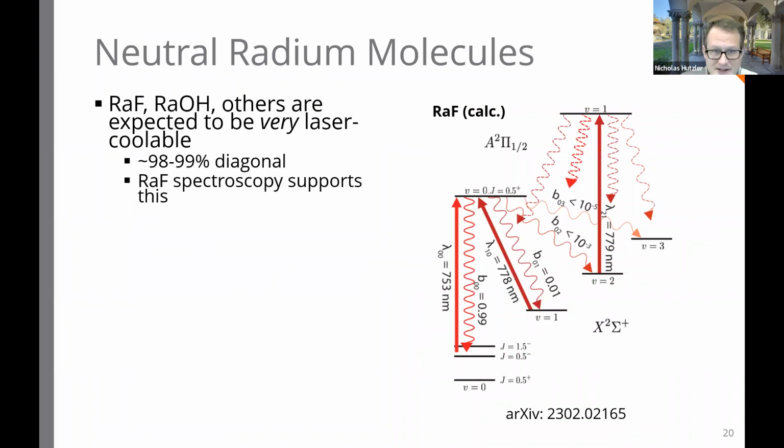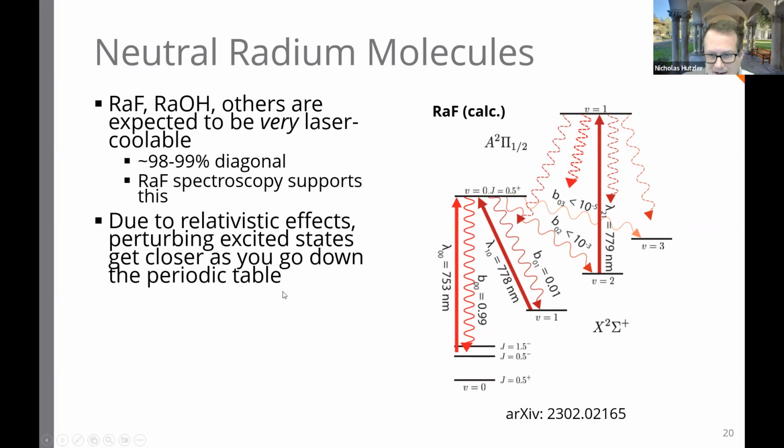Neutral species, I mentioned, are expected to be very laser coolable, meaning like 98, 99% branching ratios. So even better than things like strontium or ytterbium, strictly in terms of branching ratios. And there's spectroscopy that now supports this theory. It's one of the few instances where complicated relativistic effects help.